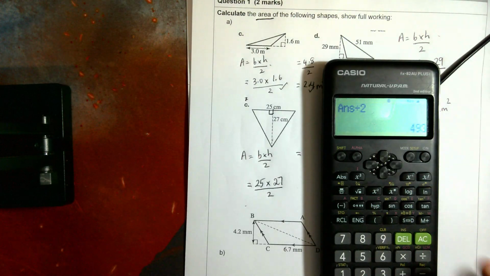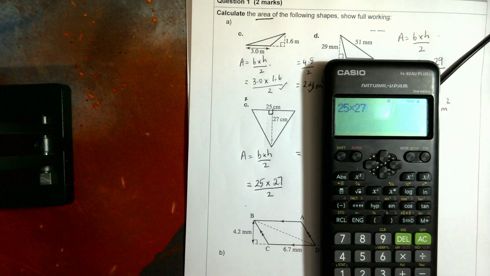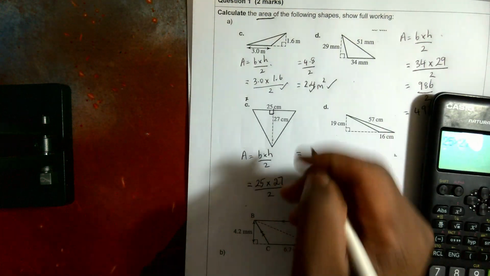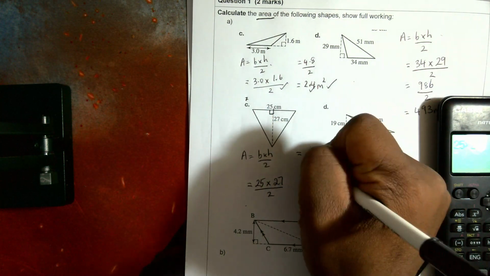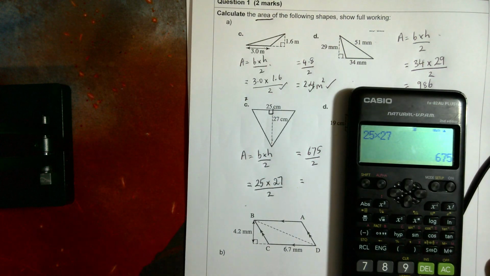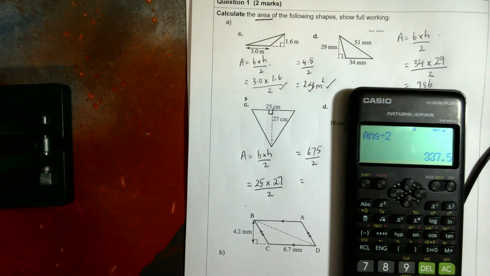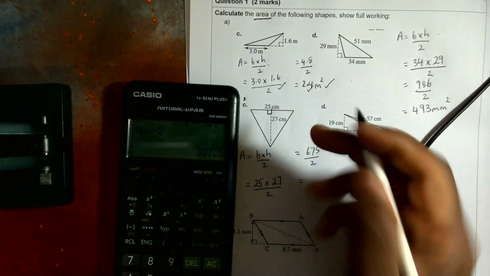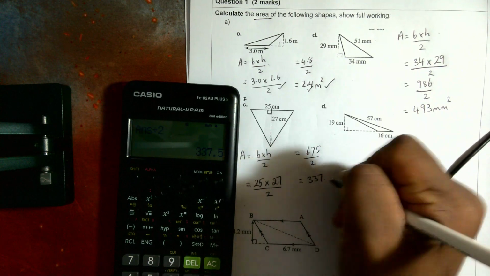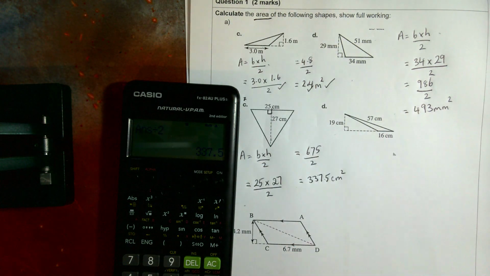Again, on your calculator, that's 25 times 27 gives us 675. We're going to divide that answer by 2. So then, don't clear it, press divide, it will take that last answer and we can divide it by 2. It equals, gives you 337.5 centimeters squared.